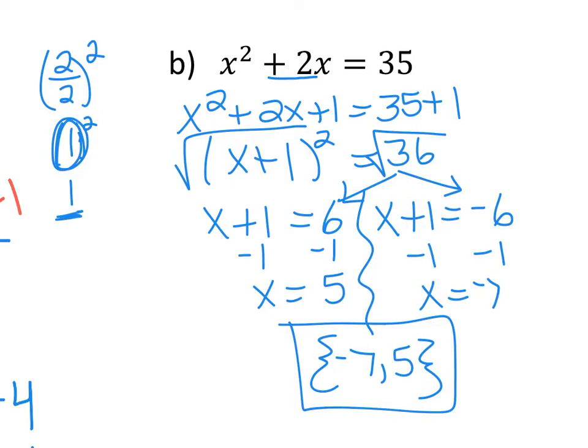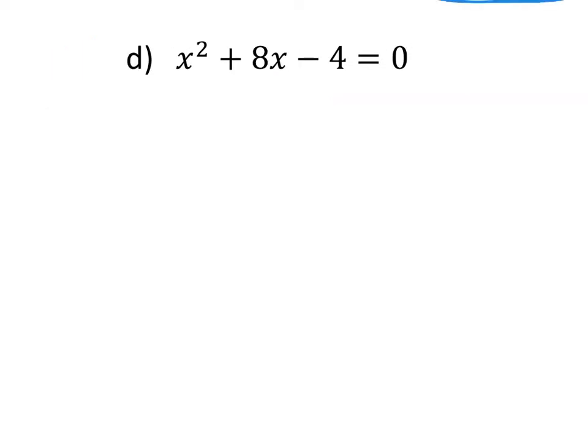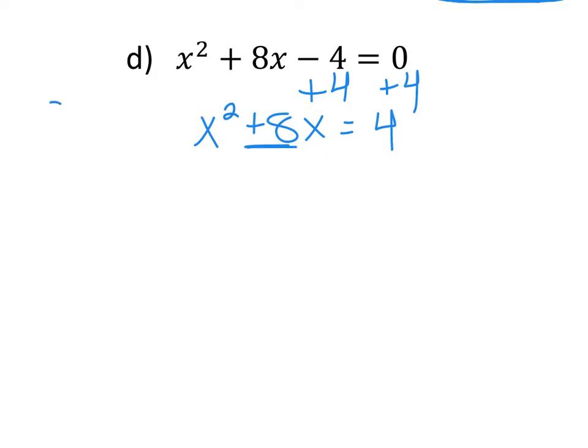Letter D. I need the constant on one side of the equal sign, so I'm going to move it over by adding. x squared plus 8x equals 4. I'll take the b term, which is positive 8, divide it by 2, and square the result. 8 divided by 2 is 4, and 4 squared is 16.